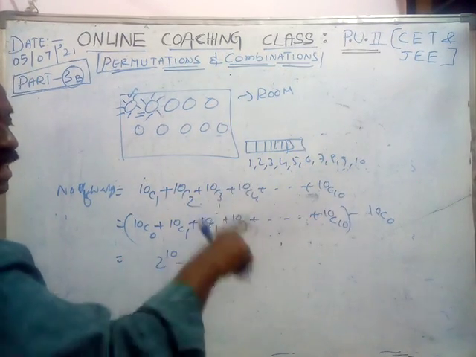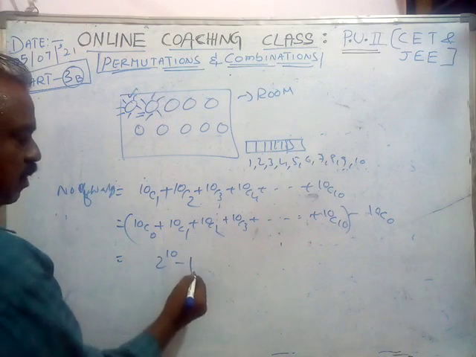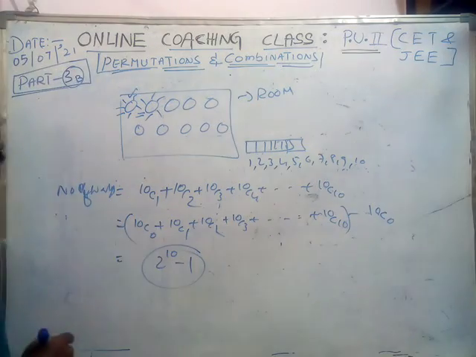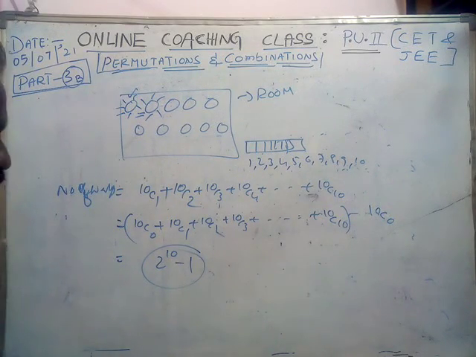Any nC0 is always 1. So this is the answer. A very good answer.